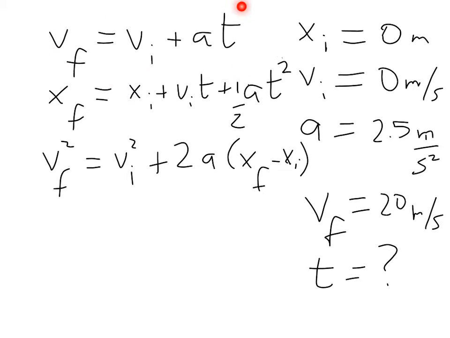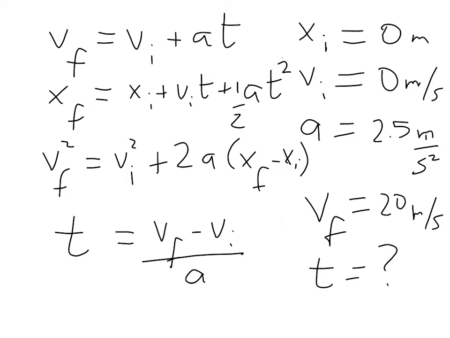Before plugging in numbers, we take this equation and rearrange it to solve for the quantity we want, which is time. We can now plug in the numbers. We see that V final is 20, V initial is 0, and the acceleration is 2.5.